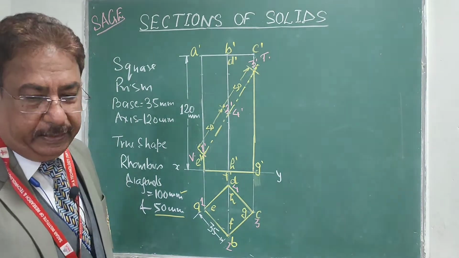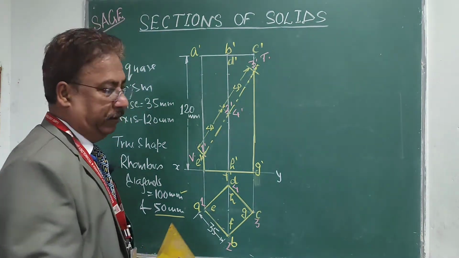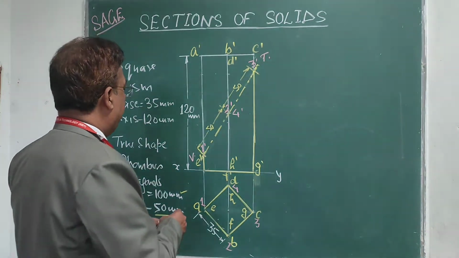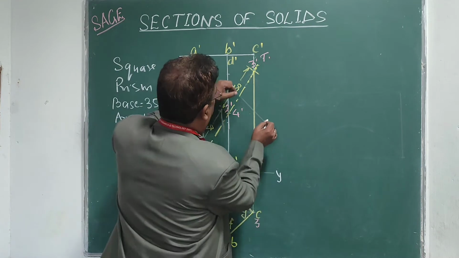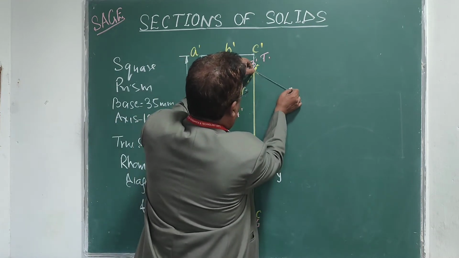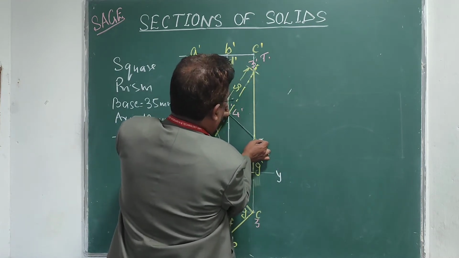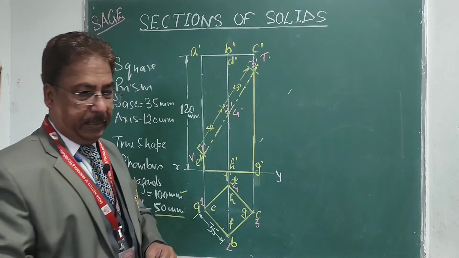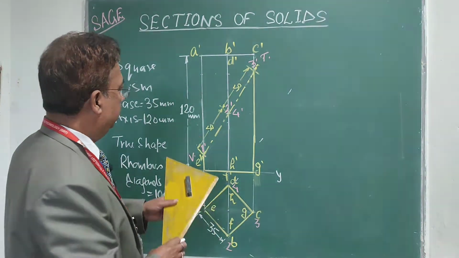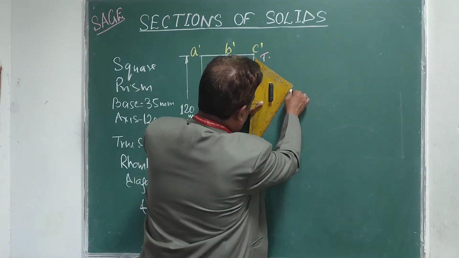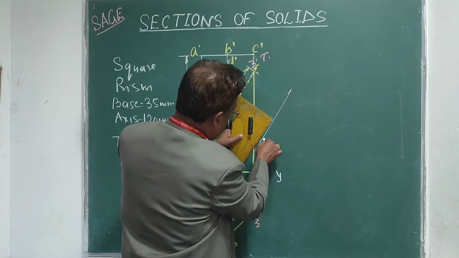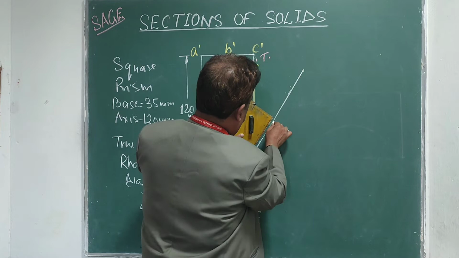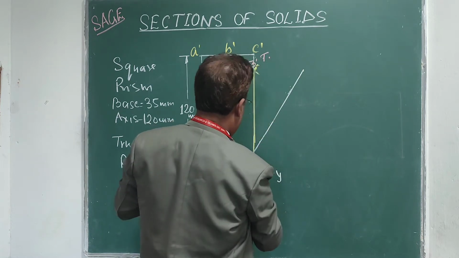Now for getting the true shape of the section plane, you know what we will do: we will draw a new reference line parallel to this cutting plane. If I draw a new reference line parallel to the cutting plane, I will project the points onto it.